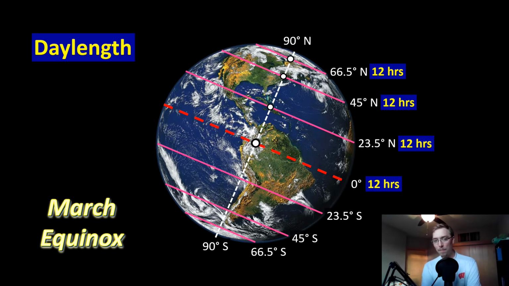So equa, you've probably seen that root before, equidistant, equilateral, equal. Nox is basically the word meaning light. So equinox, equal light, means that you have to have equal dark. So you have 12 hours of daylight and 12 hours of night. So that's one quick, easy way to remember what your day length hours are going to be on any given equinox.